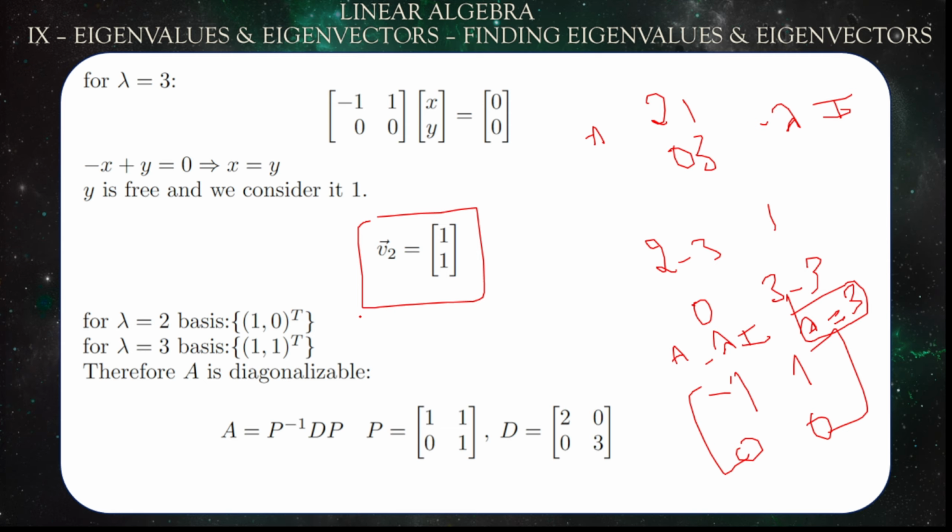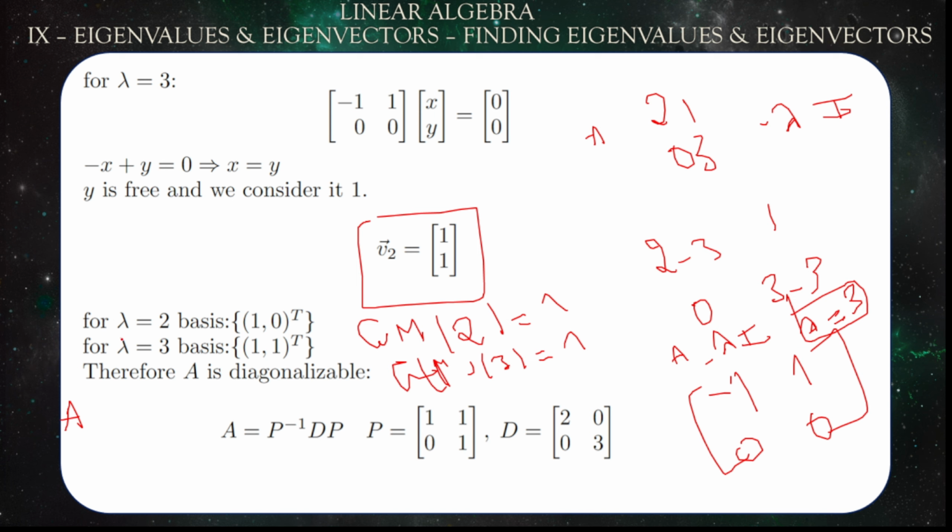Let's go back to the algebraic multiplicity and the geometric multiplicity. Geometric multiplicity defines the number of eigenvectors for each lambda value, for each root. So gm of 2 is equal to 1, and gm of 3 is equal to 1. On top of that, the algebraic multiplicity is simply the number of roots. If a root is repeated, the algebraic multiplicity equals the number of repetitions.